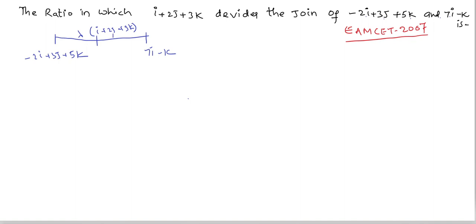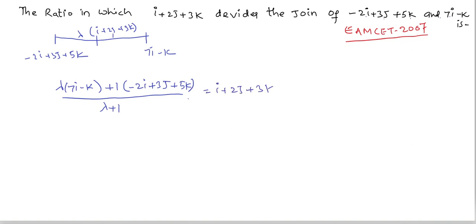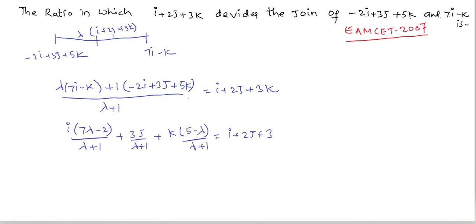Applying the formula, lambda into (7i - k) plus 1 into (-2i + 3j + 5k), divided by lambda + 1, equals i + 2j + 3k. Taking i common, that is (7 lambda - 2) by (lambda + 1), plus 3j by (lambda + 1), plus k common, (5 - lambda) by (lambda + 1), equals i + 2j + 3k.